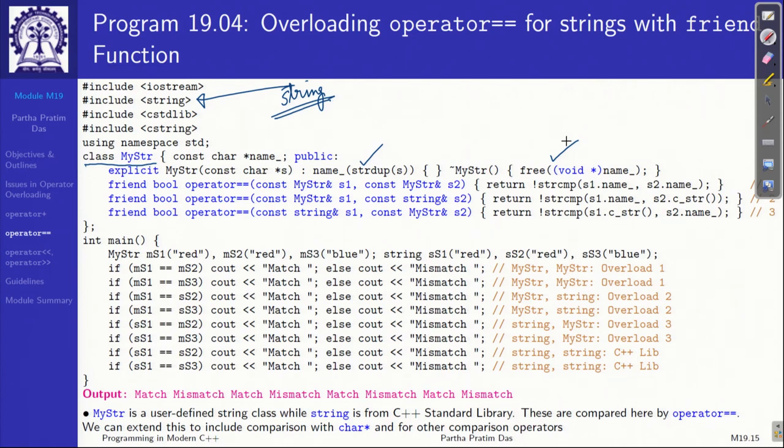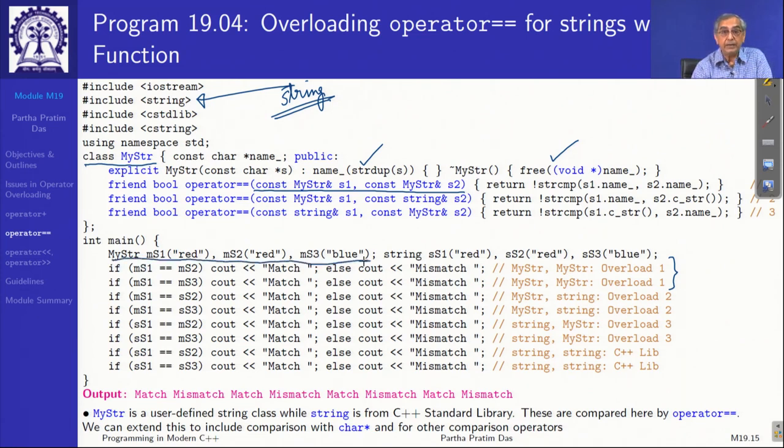So, there are 4 possibilities actually, because there are 2 classes. So, there are 4 ways I may compare. So, one is MyStr with MyStr, which is these 2 cases. So, I have defined objects MS1, MS2, MS3, which are MyStr objects. SS1, SS2, SS3 are library string objects.